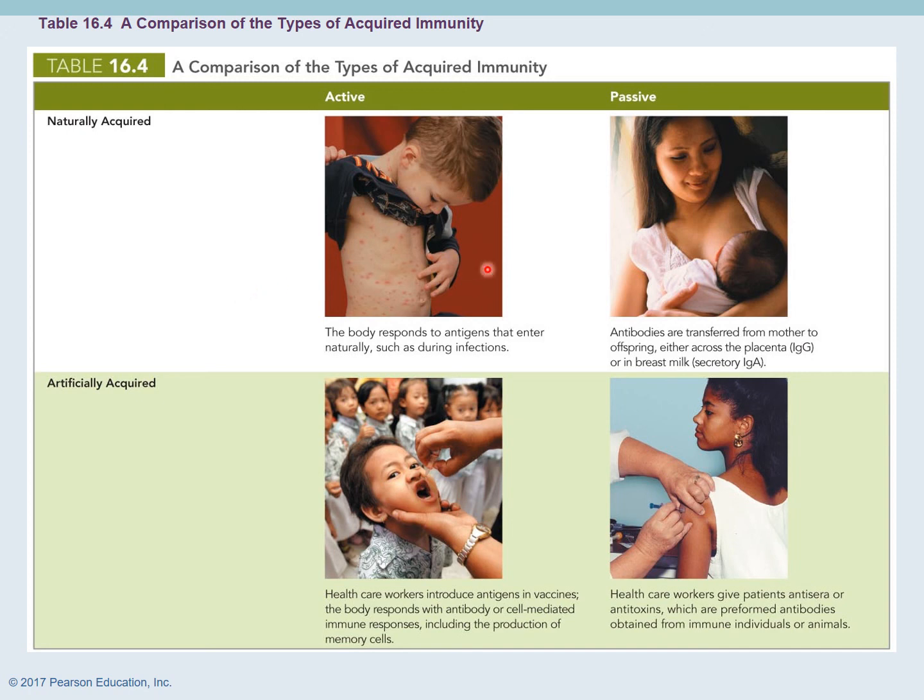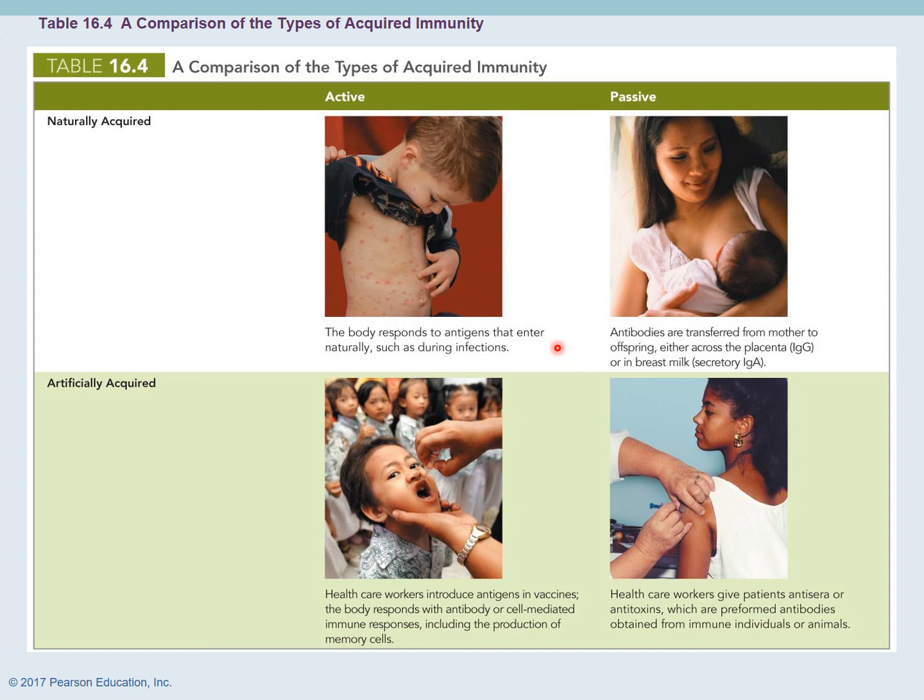Naturally acquired passive, you have been exposed in some aspects, but you are not actively making the antibodies against it. The classic example is with a newborn or a young infant who is breastfeeding. The mother has antibodies through the breast milk.